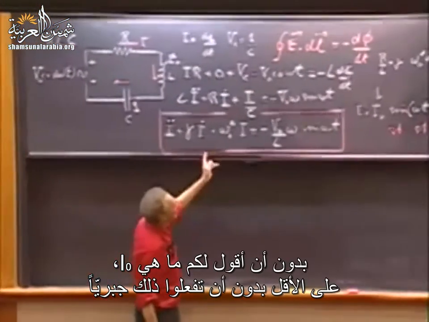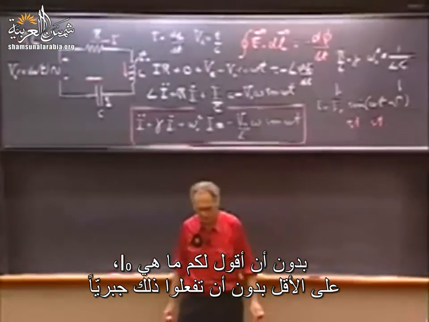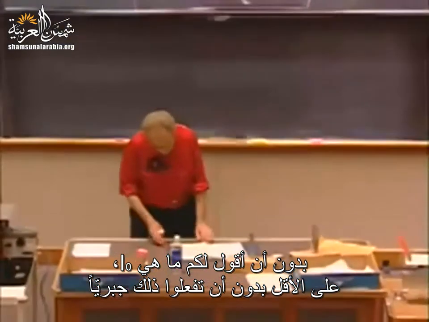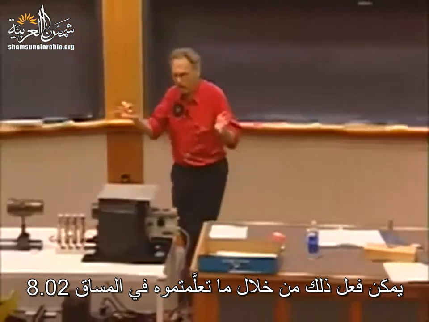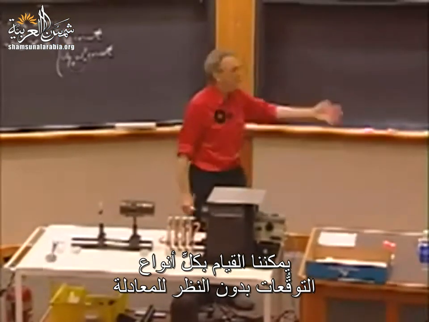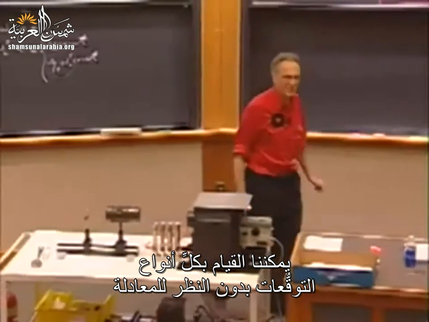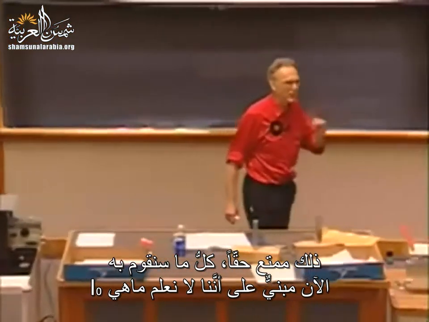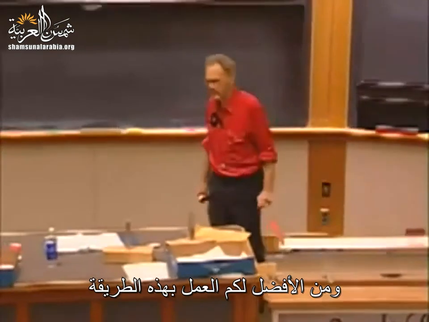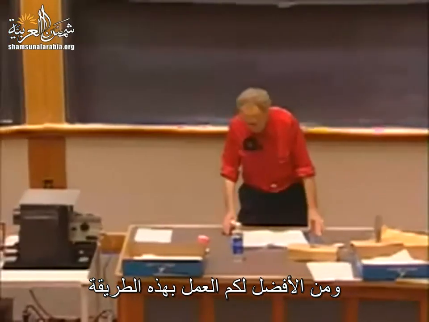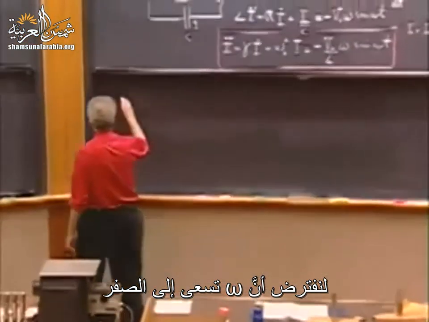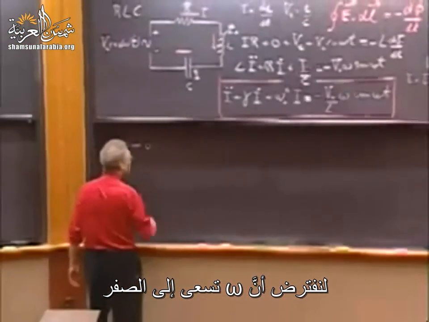So without my telling you what I0 is, at least working it out algebraically, we can talk 8.02. And then we can make all kinds of predictions without even looking at the equation. So that's interesting. So everything that I'm going to tell you now, I do without knowing what I0 is. And it better work out that way. Suppose I make omega go to 0.